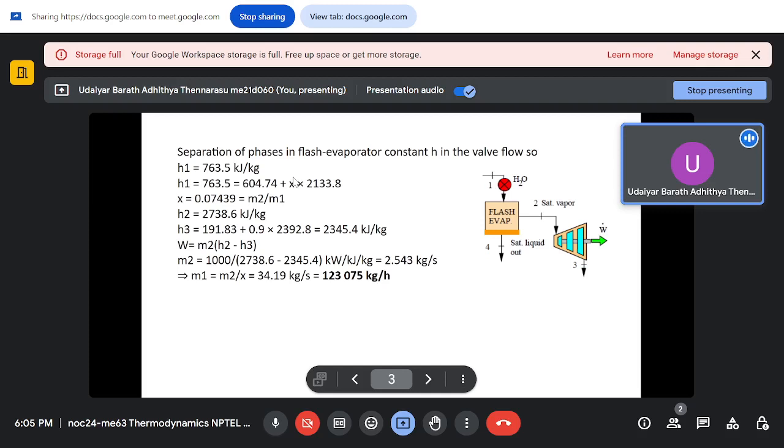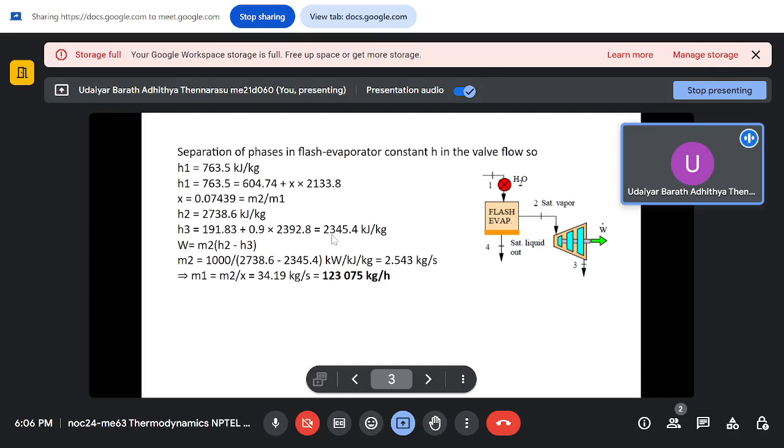Your saturated liquid enthalpy is 604.74, and your latent heat, that is Hg minus Hf, is 2133.8. Substituting this in the equation, we find that the vapor fraction in the flash chamber is 0.07439 or 0.075. That is the fraction in which your vapor and liquid are getting split.